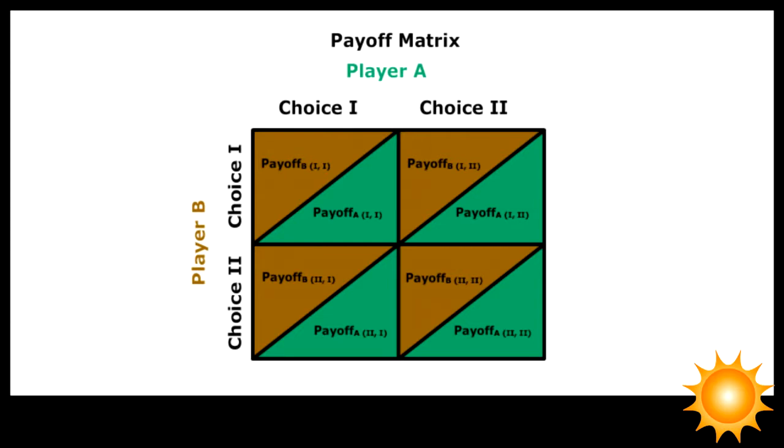Textbook game theory usually employs a 2x2 payoff matrix to explain game theory. But these matrices are difficult to follow, and their format unnecessarily restricts the kind of binary choice games that can be explained.